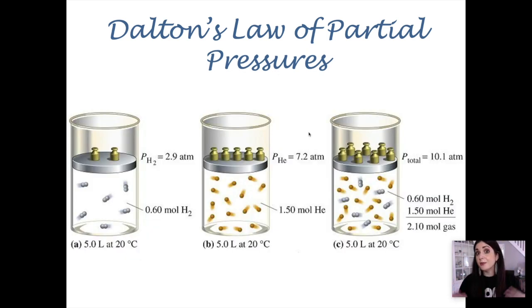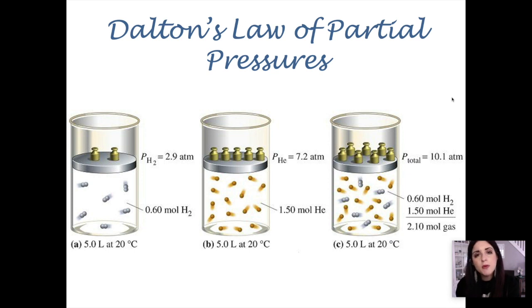Here's the picture that I thought was coming up next. Notice all of these are at the same temperature and the same volume. In A, I have 2.9 atmospheres of hydrogen gas. In B, I have 7.2 atmospheres of helium gas. For some reason, we're adding them together, and that's what C is showing.